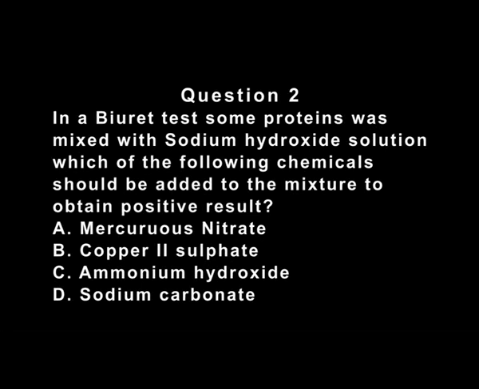Number 2. In a biuret test, some protein was mixed with sodium hydroxide solution. Which of the following chemicals will be added to the mixture to obtain positive results? Let's go over the question again.